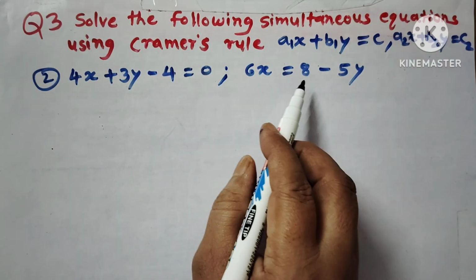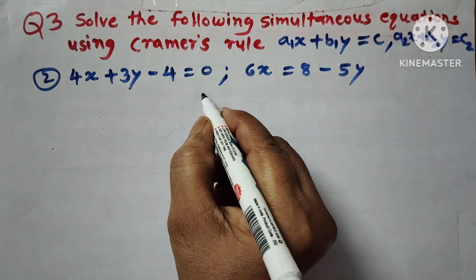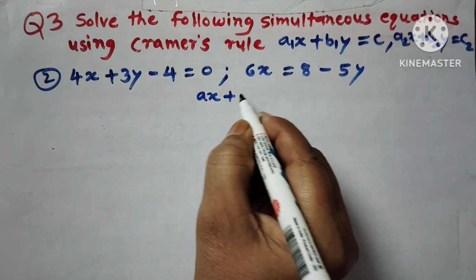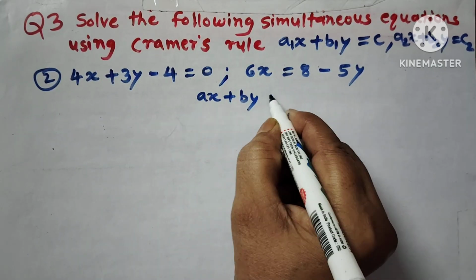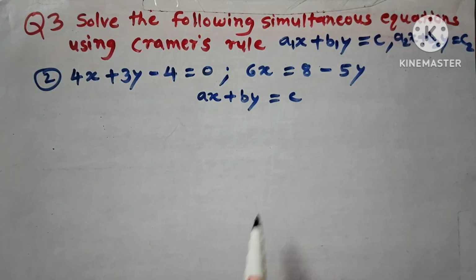Write the equations in the form of ax plus by is equal to c, the Cramer's formula.